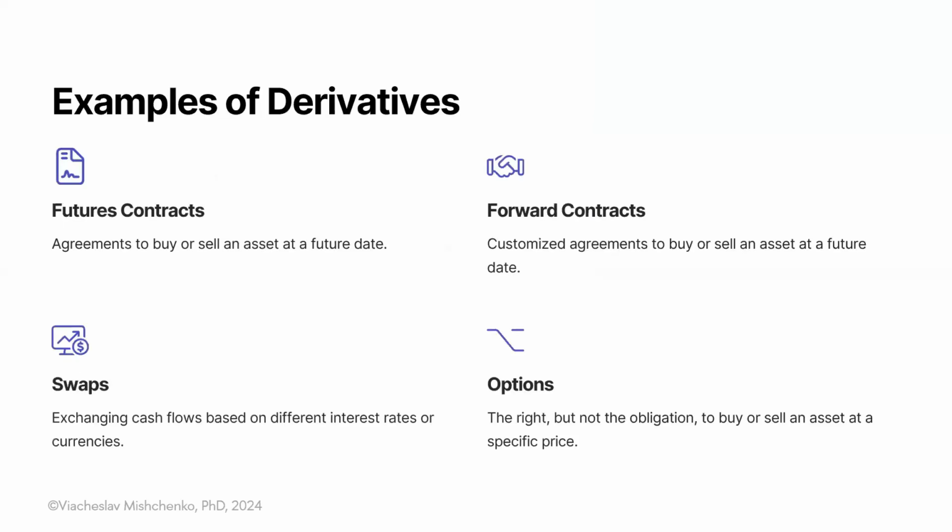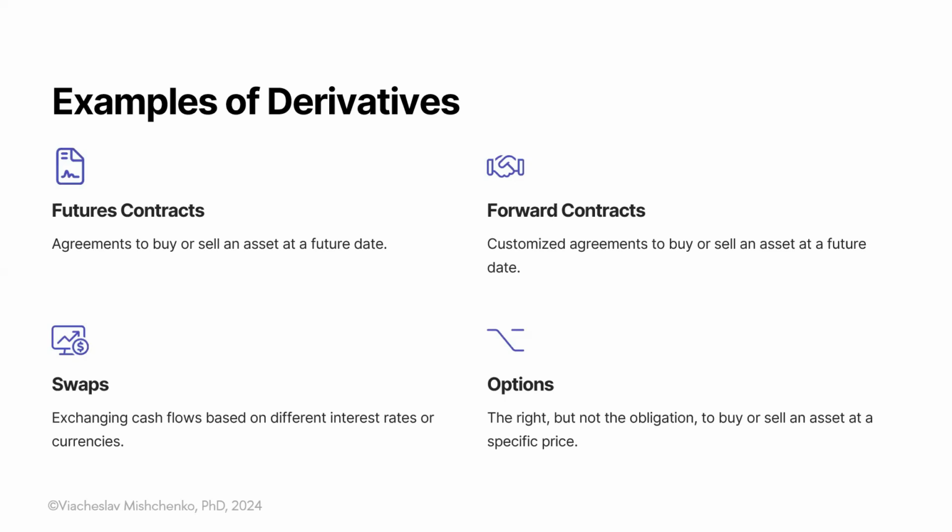So here are a few examples of derivatives. Now let's look at some common types you may encounter in the financial world: futures contracts, forward contracts, swaps, options, credit derivatives, and interest rate derivatives as well.